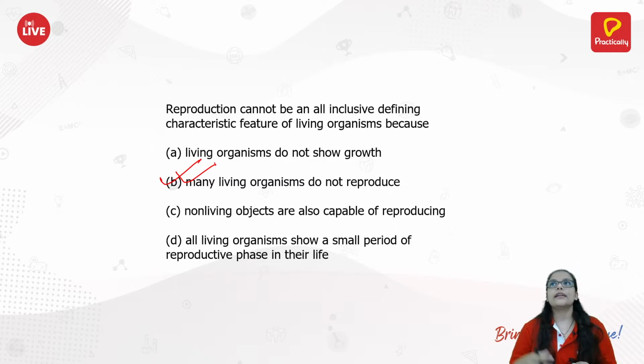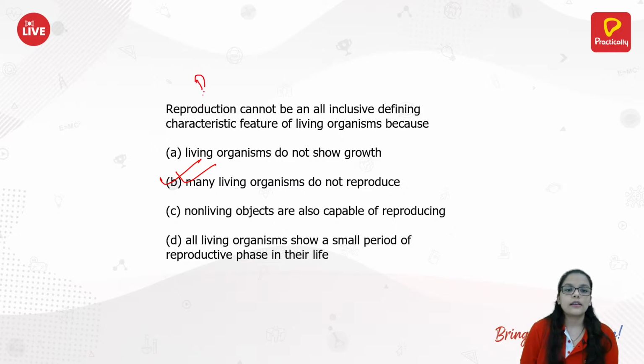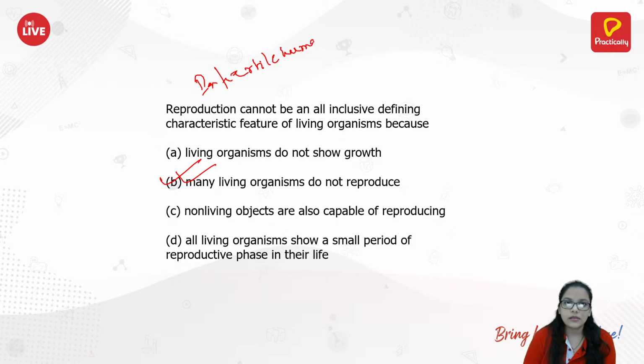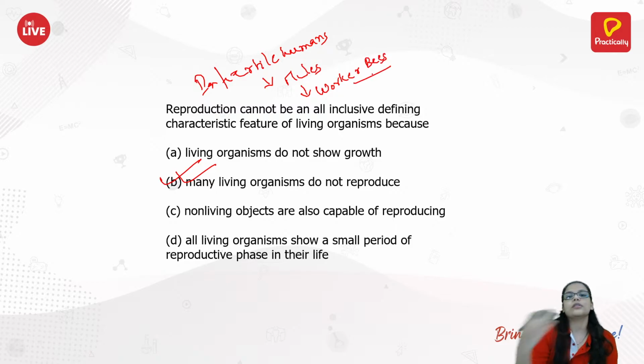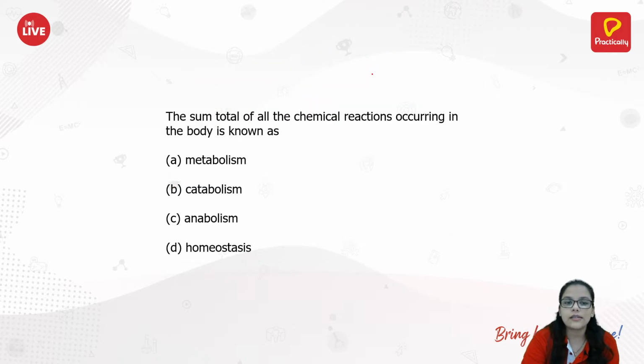As I said, organisms such as infertile humans, mules or worker bees do not reproduce. So many living organisms do not reproduce is the answer.